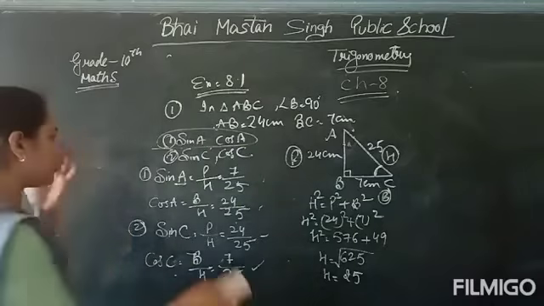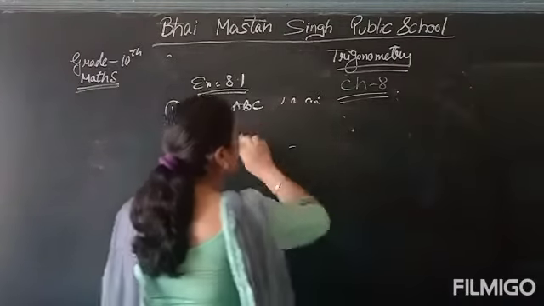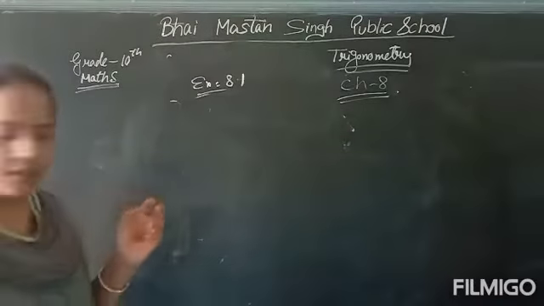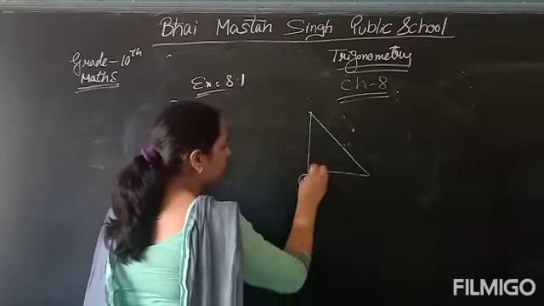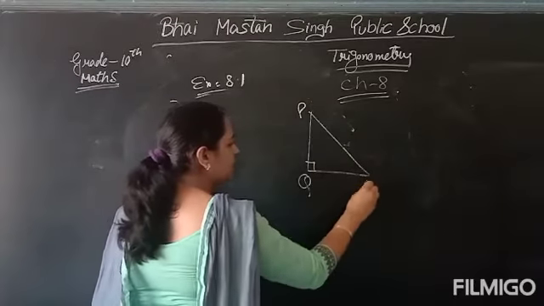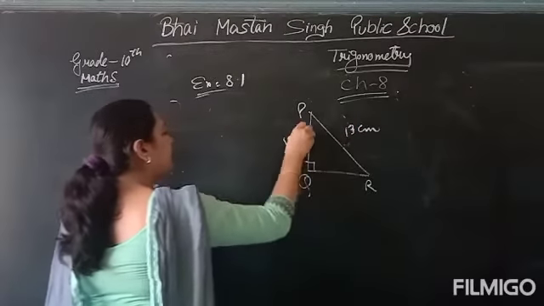In the next question they have given the diagram. Right angle at Q, and here is P, here is R. This is 13 they have given, this is 12 they have given.